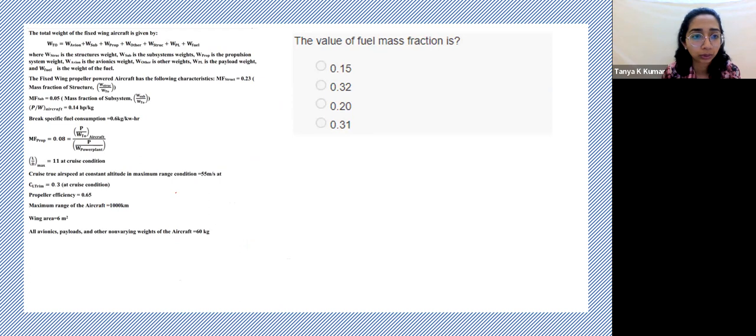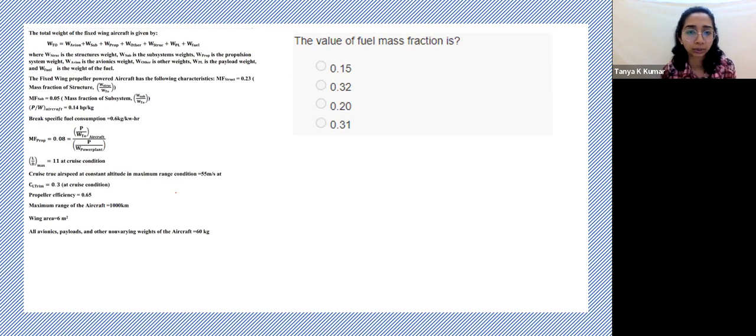So they've given you a lot of data. Just go through it and see how we can solve this. How can we solve this? I'll give you a hint. It's from some of the concepts in week 2, that is the range and the endurance.